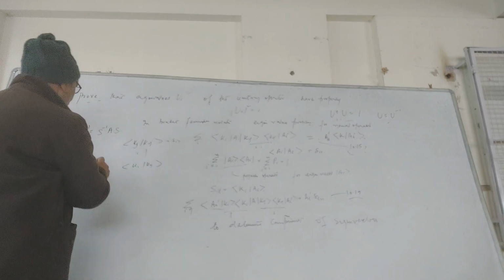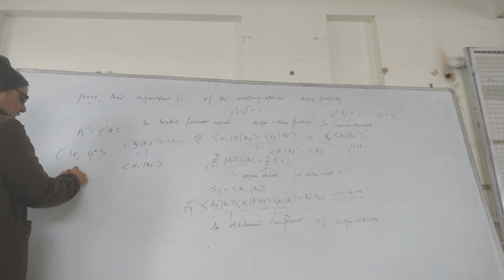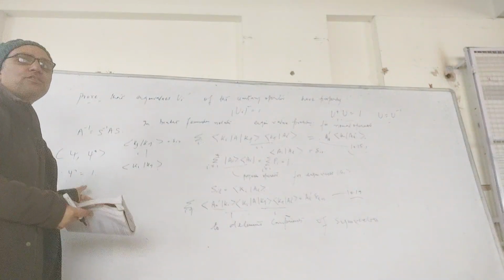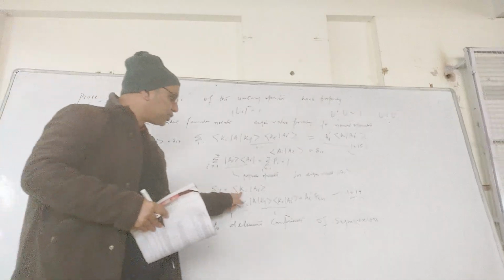It's basically the inner product of psi star psi, which is equivalent to 1. This is the bracket way of writing the same thing, the inner product of two states.